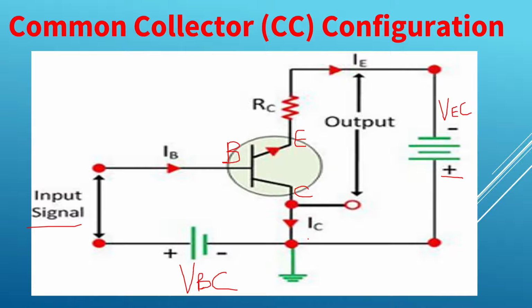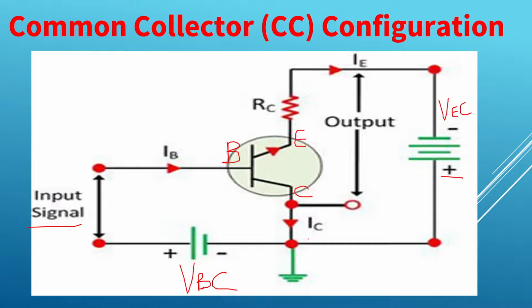Okay, and this common collector configuration has high input impedance and a low output impedance, and it can be used for buffering applications where it can connect high impedance sources with low impedance loads. Okay, so these sort of circuits can be connected for the circuits where the source has high impedance and load has low impedance.